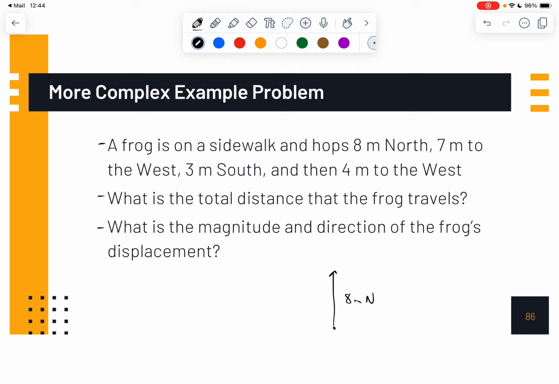Then we're going to go 7 meters going west. Then we're going to go 3 meters south. And then lastly, we're going to go 4 meters to the west.